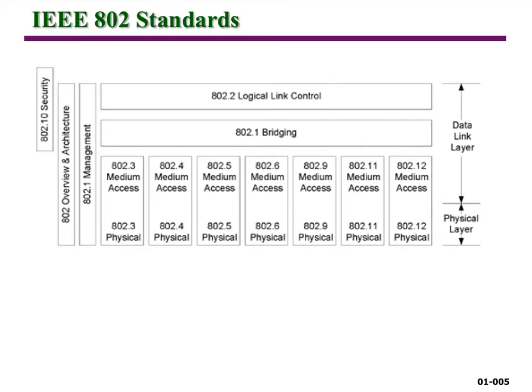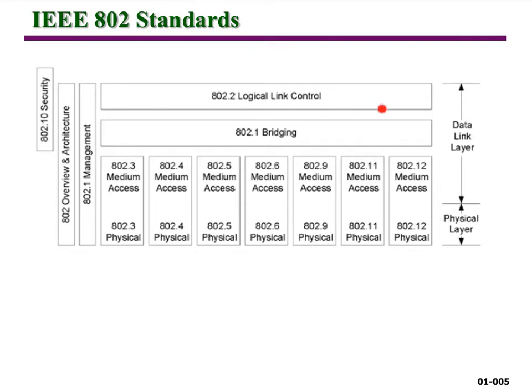And in this course as well, we're going to cover 802.11, and we'll try to cover also 802.16 and 802.15, which is Bluetooth and Zigbee. These boxes here, they refer to medium access control and physical layer part of the standard. There is the logical link control, which is 802.2.